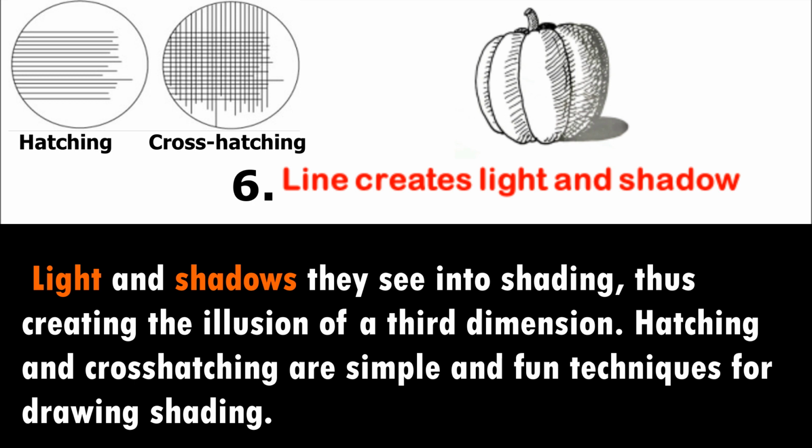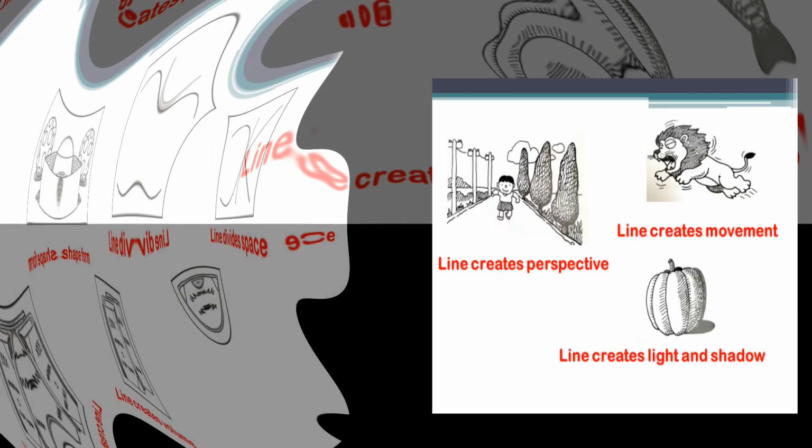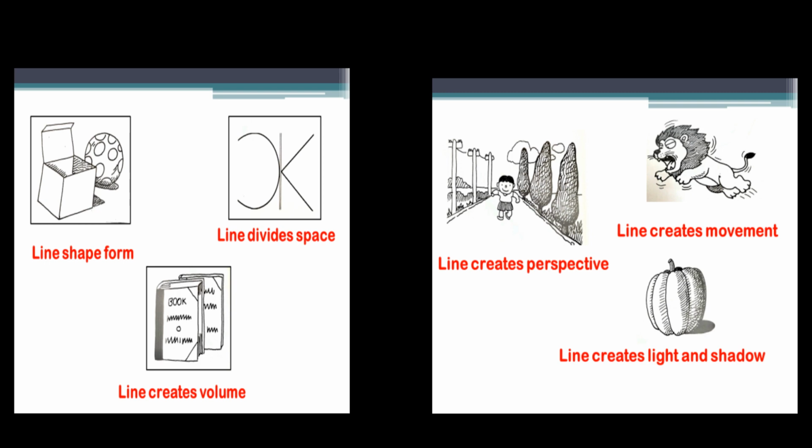Hatching and cross-hatching are simple and fun techniques for drawing shading. Those are the line drawings that you need to be familiarized with. So after watching this video, please get your art notebook and copy the vocabulary and of course the 6 examples that I gave you about lines.